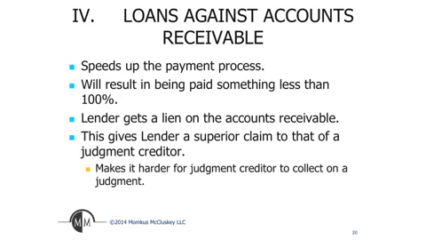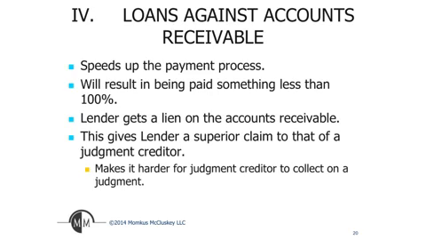Accounts receivable, obviously a big part of most businesses, and a big asset, and the question always seems to be how can we speed up the payment process for those accounts receivables. One method potentially is to make a loan against the accounts receivable, which then increases your cash flow.